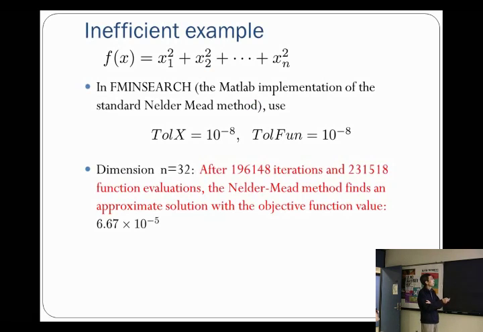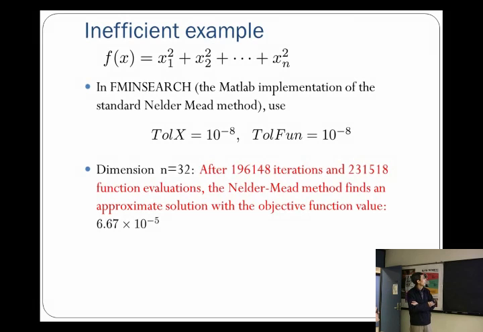So n is the dimension. I run FMINSEARCH, the Matlab implementation of the standard Nelder Mead method using those parameters in the program. When dimension n equals 32, this number is moderately large for a derivative-free optimization method. It's not too big, but it's not a tiny one.